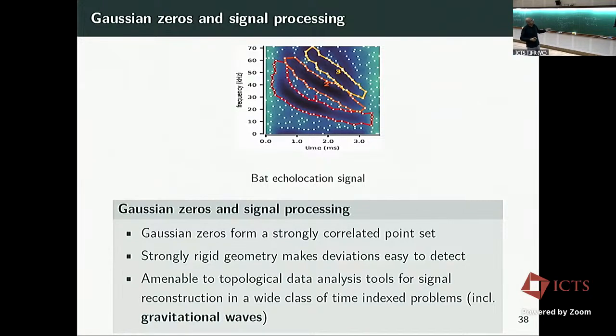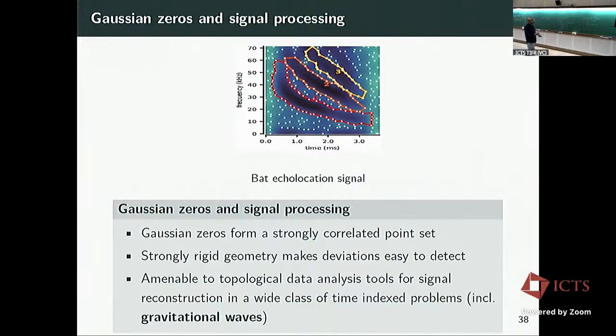If there was no signal and pure white noise, then they would be distributed homogeneously over this square. But there is signal, because this is the signal. This is bat echolocation data. So there is non-trivial signal, and these signals basically generate these islands which are devoid of zeros.